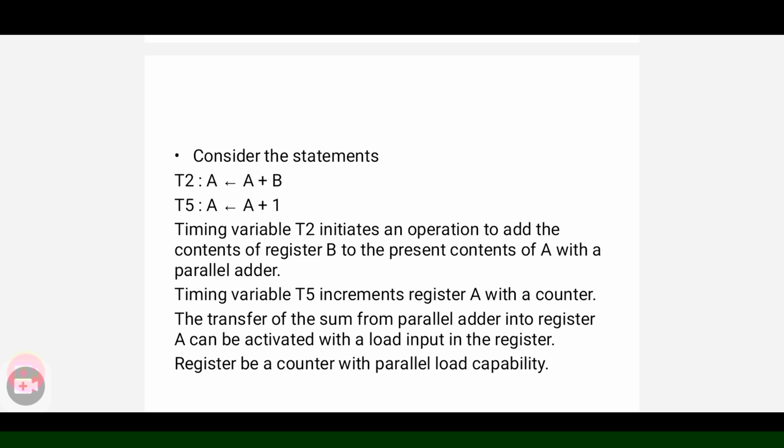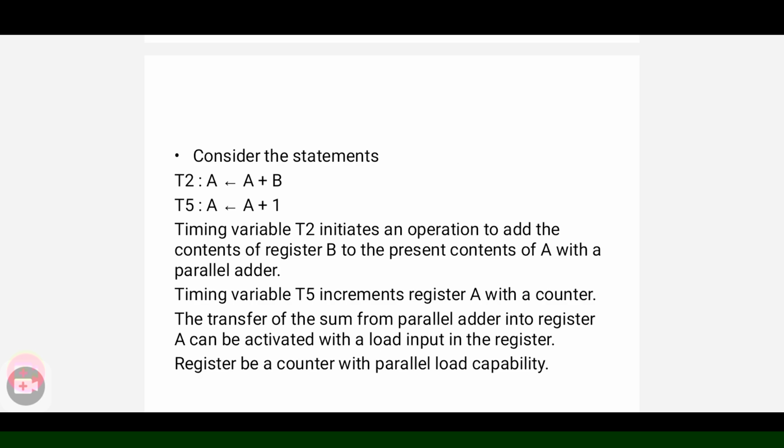And what is the meaning of this T2 and T5? Actually, T2 and T5 are control functions that indicate a timing signal, or a timing variable. That means T2 is a timing variable in which the add operation is performed, and T5 is another timing signal, or timing variable, which initiates the increment operation.